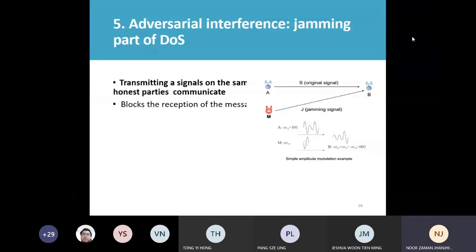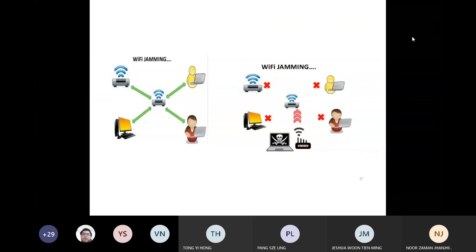This is the main goal, the main target of these attacks. You can see from this figure, we included figures so you can understand things more clearly. This is Wi-Fi jamming. Before jamming, anybody can access or connect. In a jamming scenario, everybody is within range, but they are not able to connect.